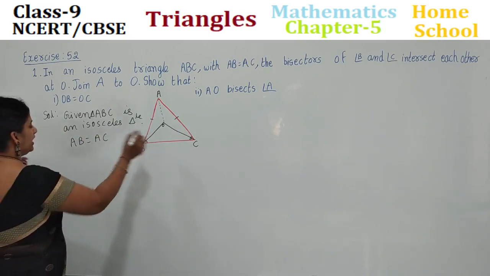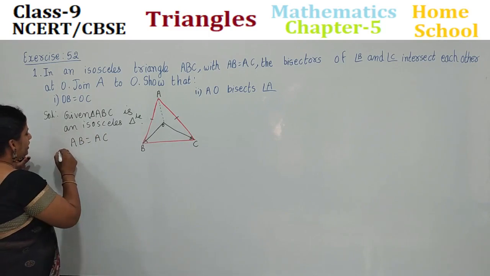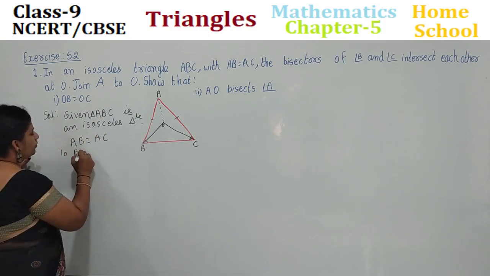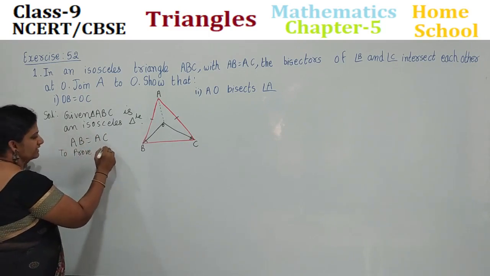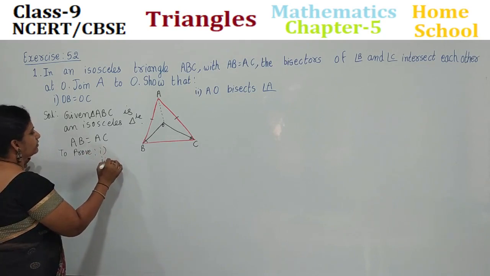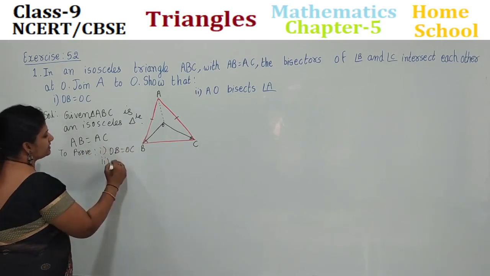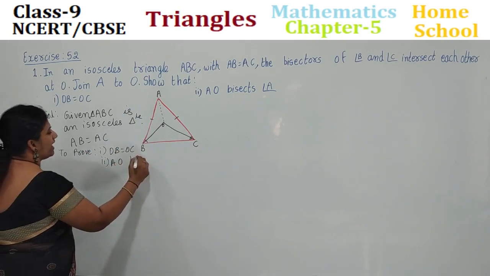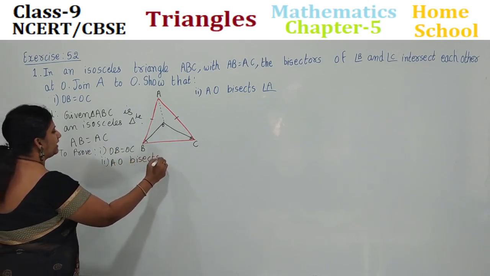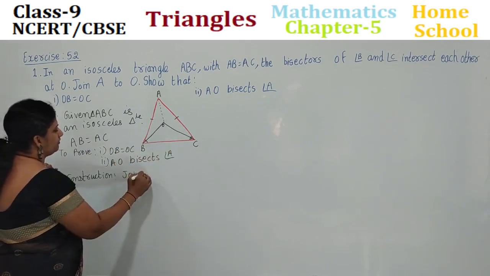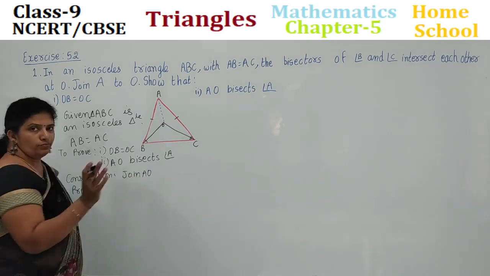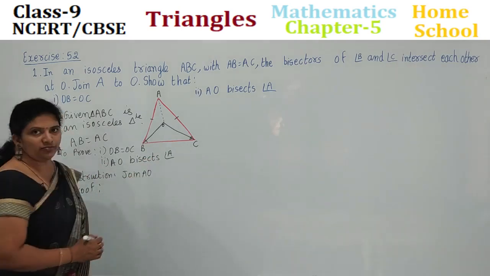Ready? Now, what to prove? To prove, you can write the two statements at a time, children, like this, 1 and 2. One is OB equal to OC and the other is AO bisects angle A. Join AO. Proof. How do we start our proof, children?